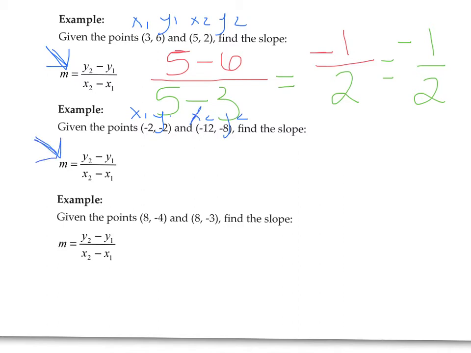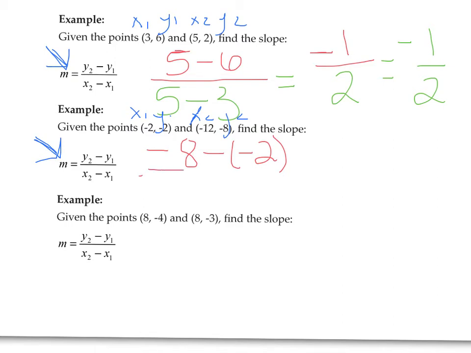So the numerator will be y2 minus y1. So -8 minus -2. And be careful. You need to make sure you always get the subtraction that's in the formula and any minus signs that are actually on the coordinates. And sometimes they make this double negative like this.